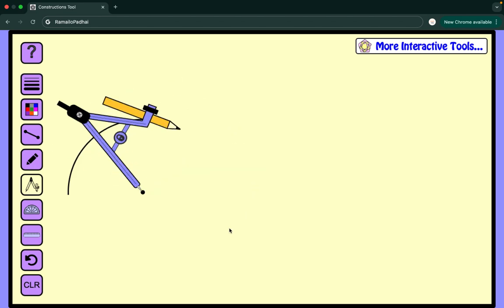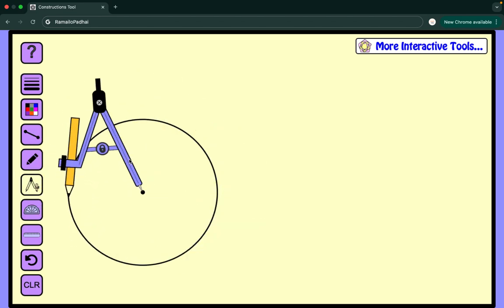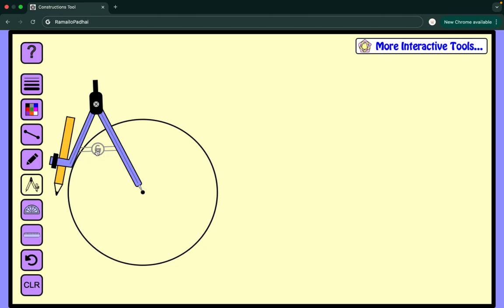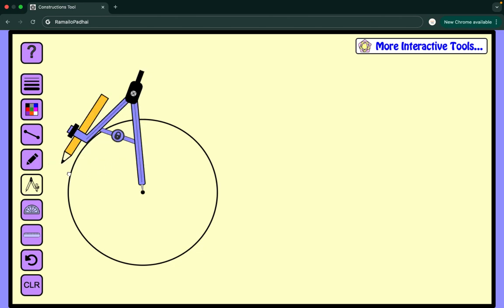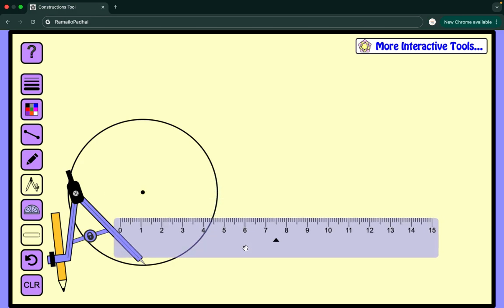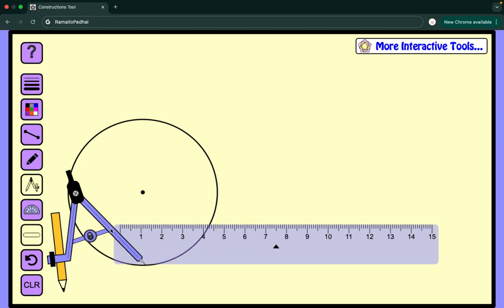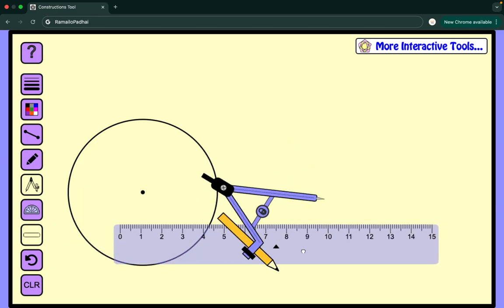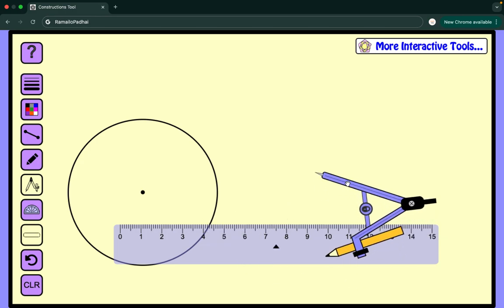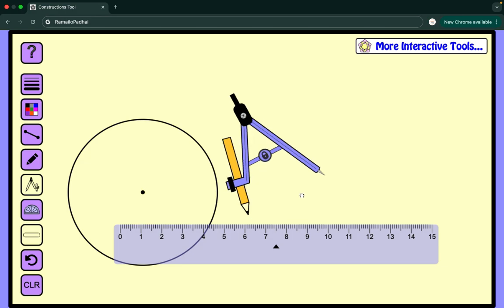So this will be the first figure, and then another will be somewhere here.